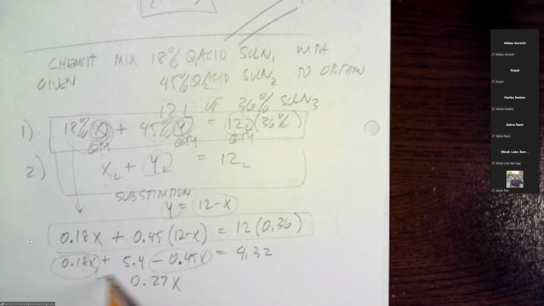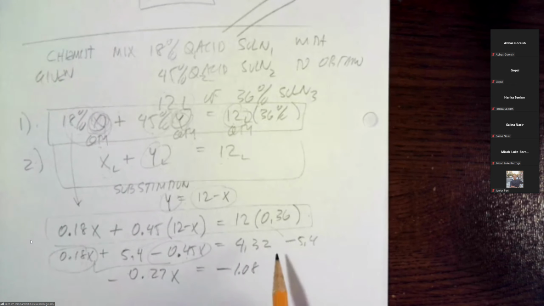That's an x. By combining those two, bringing the 5.4 to the other side, it becomes negative 5.4. So negative 5.4. To that I add 4.32. And it looks like I get negative 1.08 if my arithmetic is correct.